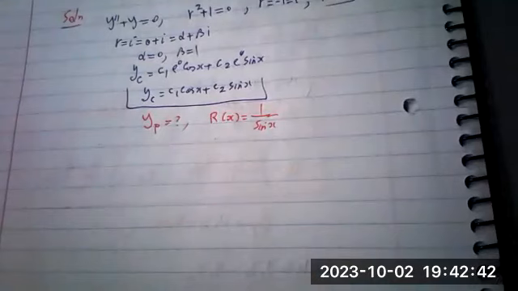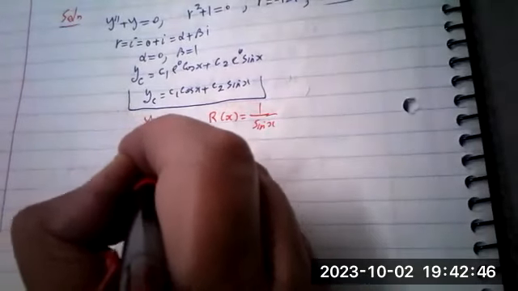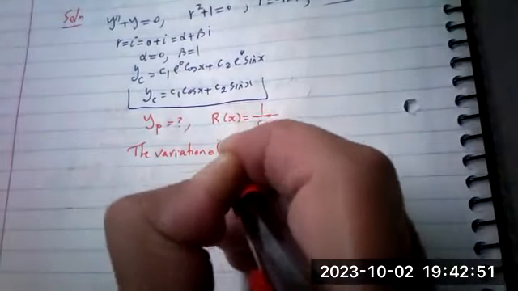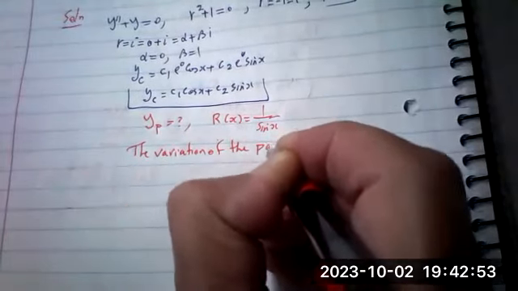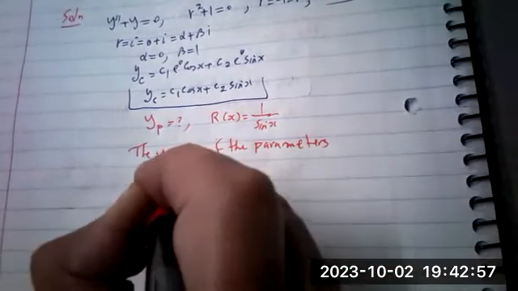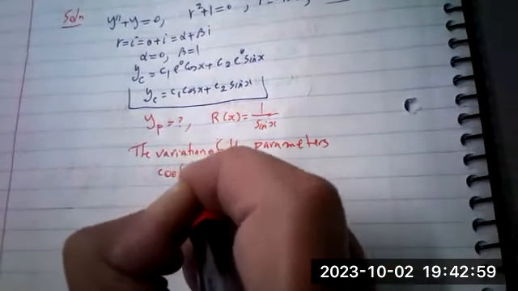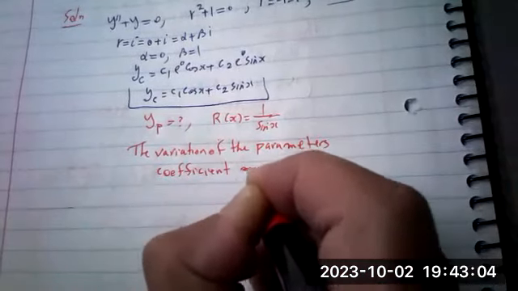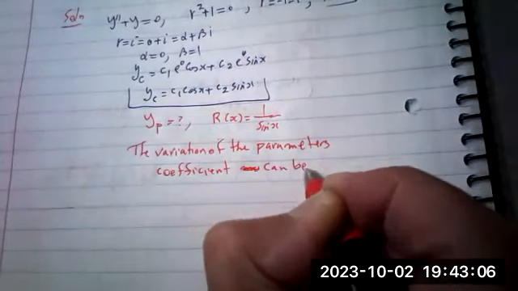You must use variation of parameters. Just for your information, it can be used.